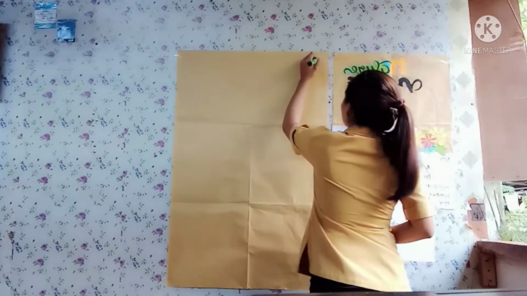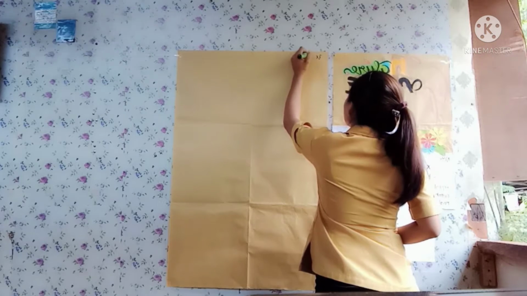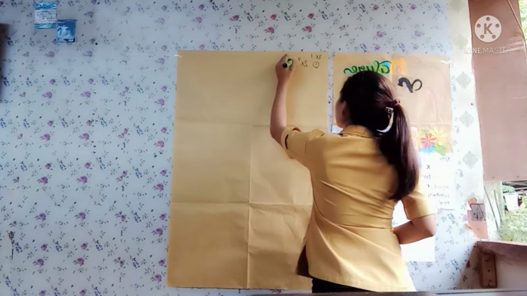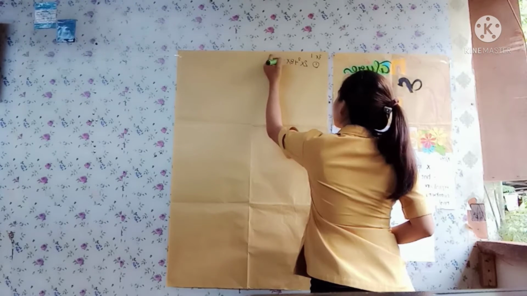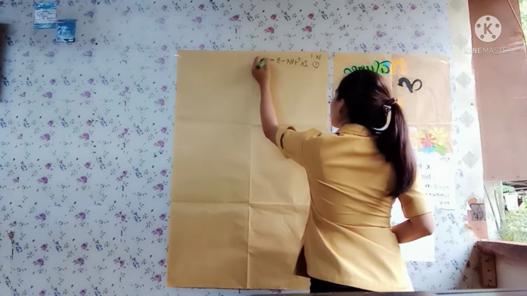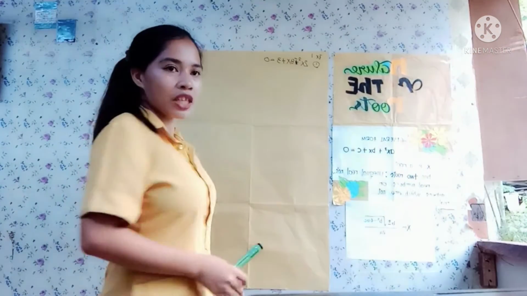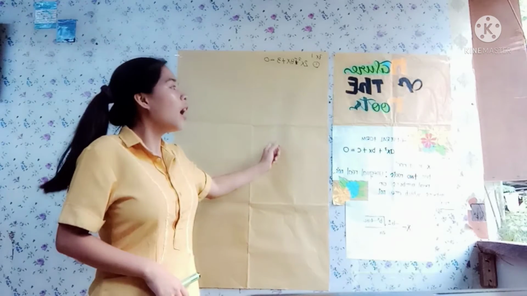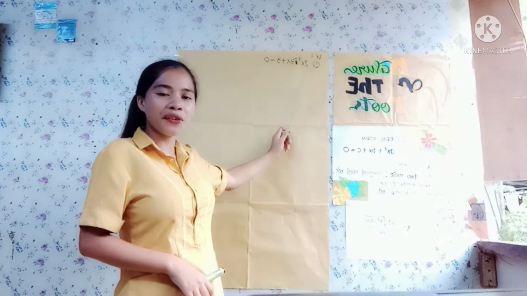Now, let's put this into practice. We have example number 1. Discuss the nature of the roots of the quadratic equation 2x squared minus 8x plus 3 equal to 0. Now our equation is 2x squared minus 8x plus 3 equal to 0. All coefficients are real.